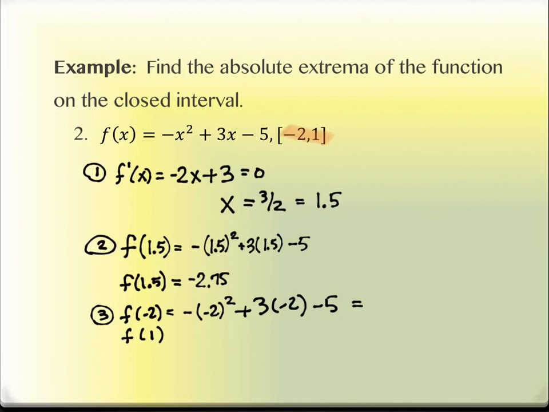I don't have a calculator. Negative 15, that's what I have written down. Is that okay? All right, negative 15. And then we want to put in 1. Okay, so what is 1 plugged in? Negative 3.